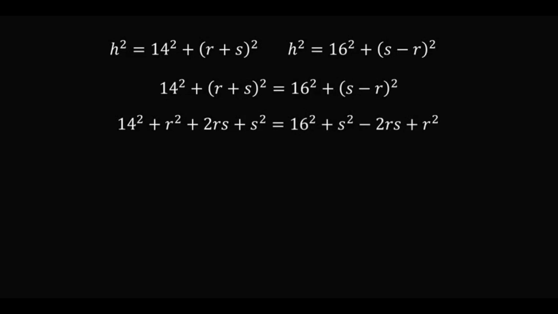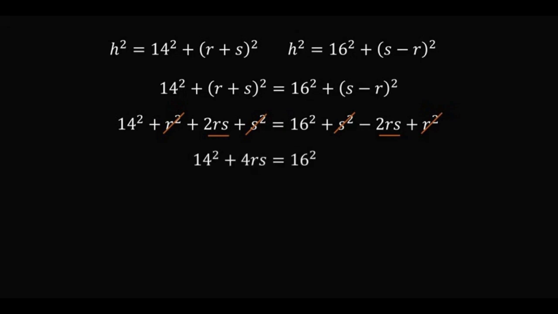We now have an r squared term on both sides of the equation, so we can cancel out these r squared terms. We also have s squared on both sides of the equation, so we can cancel out s squared. On the left-hand side, we have 2rs, and on the right-hand side, we have minus 2rs. So let's add 2rs to both sides of the equation.